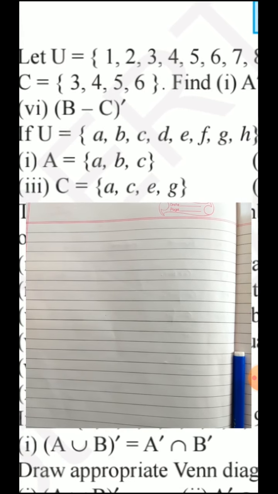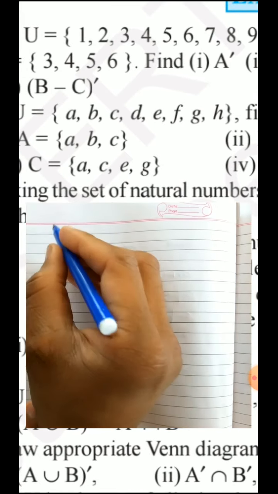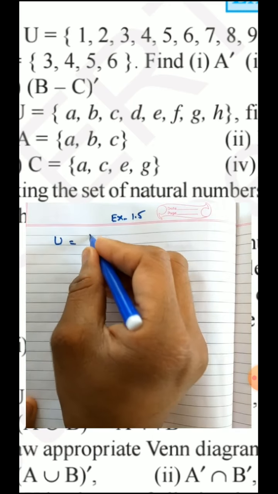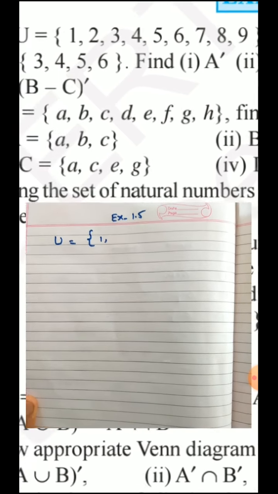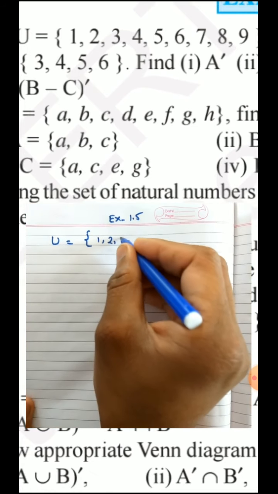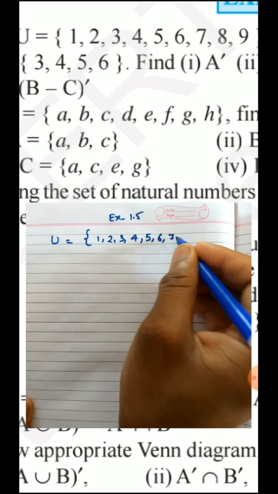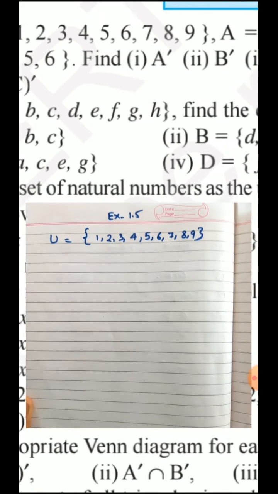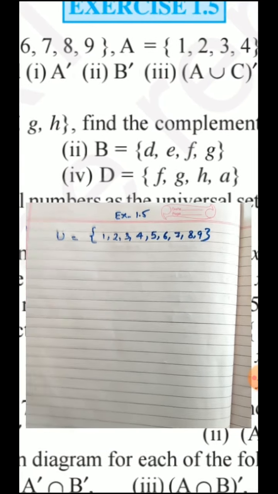Let us start the first one, A complement. My dear student, we have given universal set U equal to the set of first 9 elements 1, 2, 3, 4, 5, 6, 7, 8, 9. Right? And set A equal to 1, 2, 3, 4.